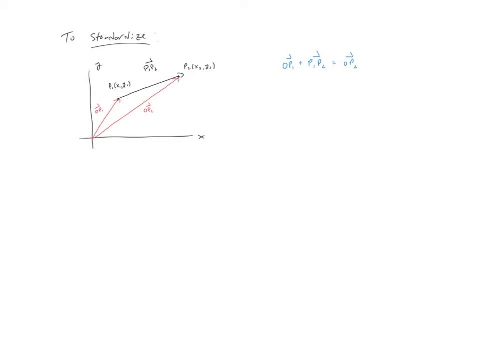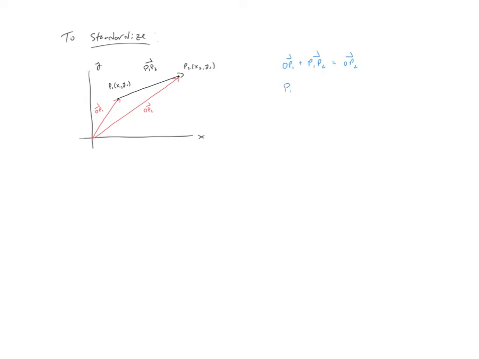So, again, pay close attention to how all this works. We're saying that this guy right here plus this guy right here would in fact equal that. And again, I would encourage you to go back and look at your notes and take a look at where the terminal and the initial points all match, and we are in fact correct in moving forward with this. So now, if I'm trying to figure out what P1, P2 is, then I'm just going to subtract the OP1 to the other side.